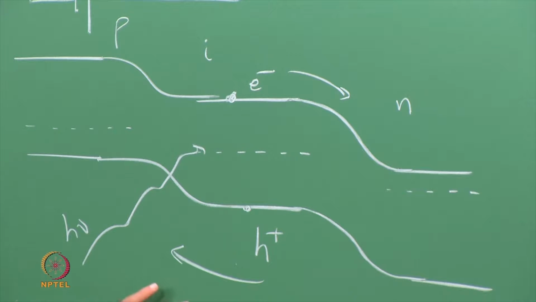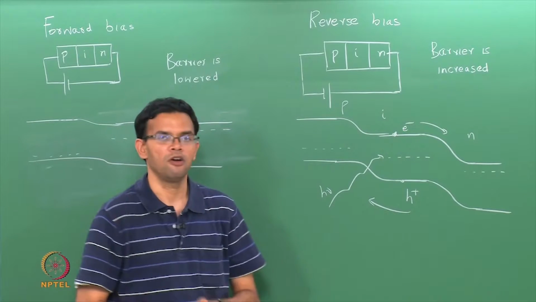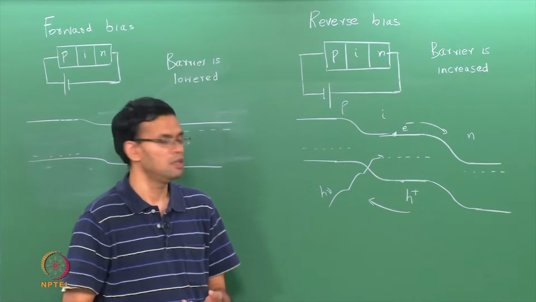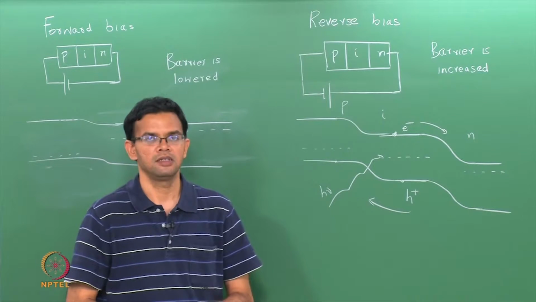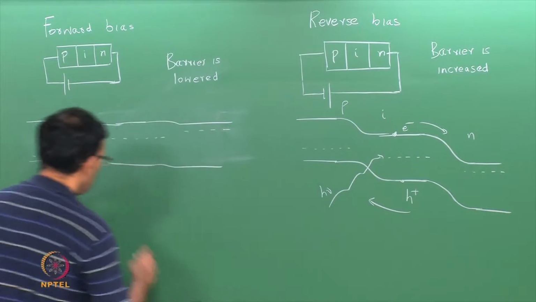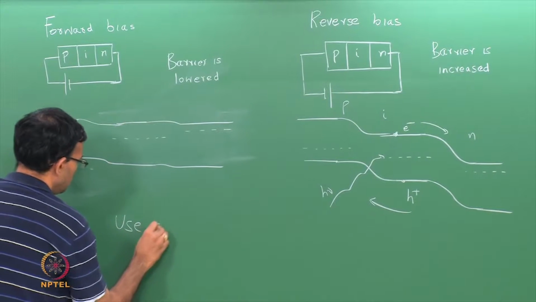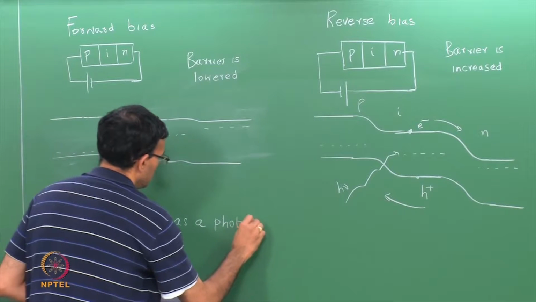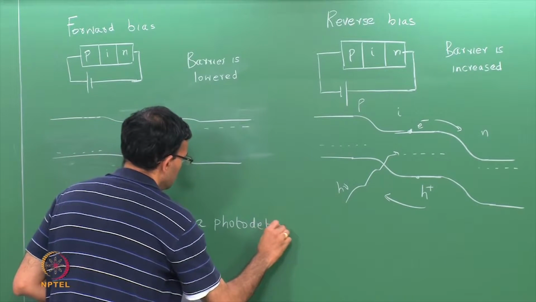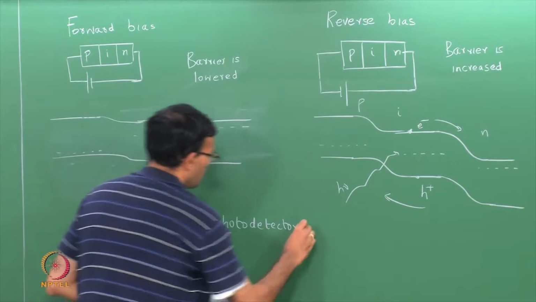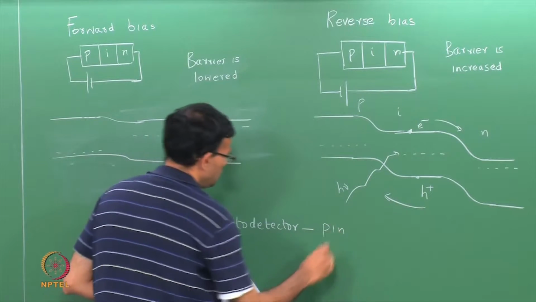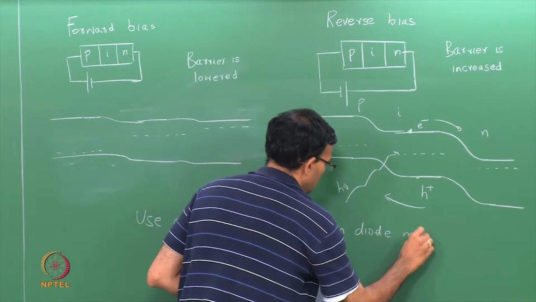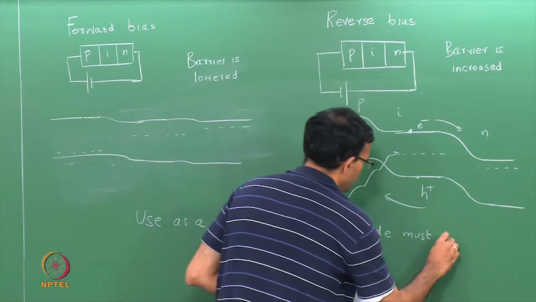The current once again is proportional to the number of electrons and holes that are generated, which is directly proportional to the intensity of the light that is falling. So, for use as a photo detector, the PIN junction or the PIN diode must be connected in reverse bias.